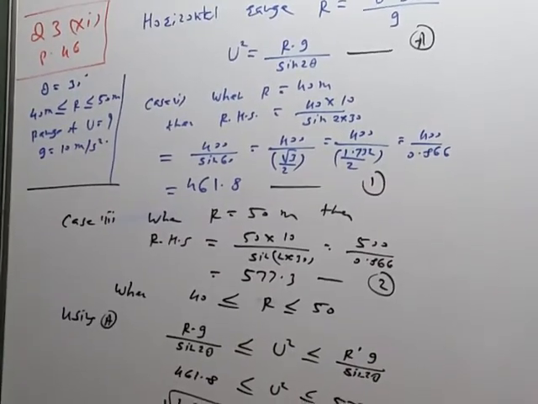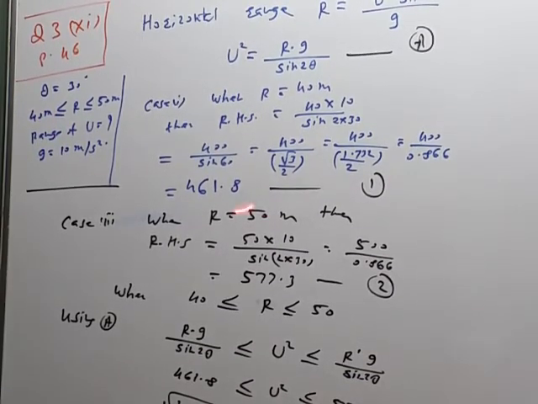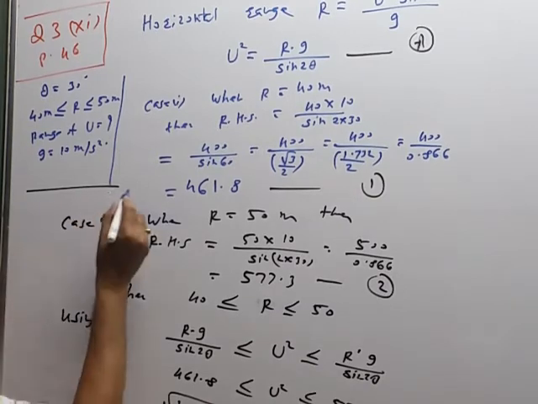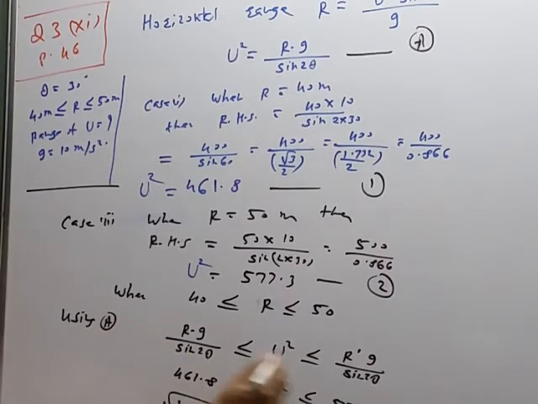So for R equal to 40 meter, the u square has the value 461.8, and for R equal to 50 meter, this u square is equal to 577.3. So u square has a minimum and maximum value, 461.8 here and 577.3 here.